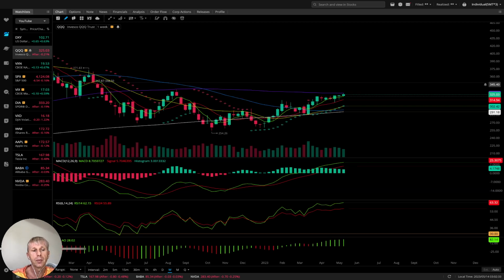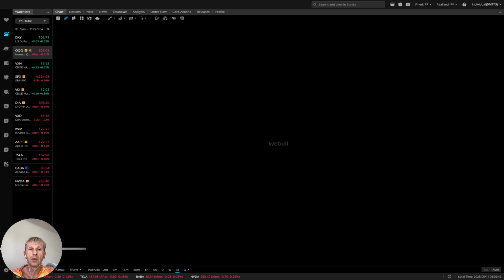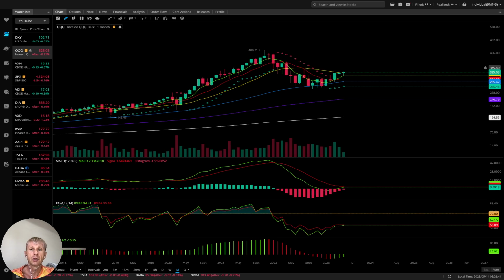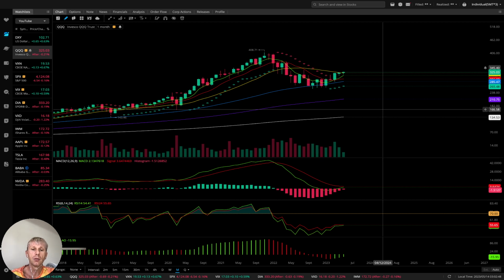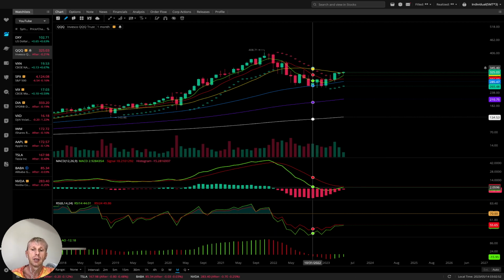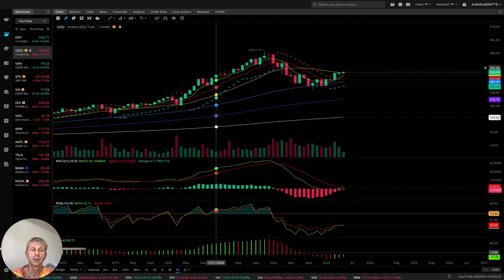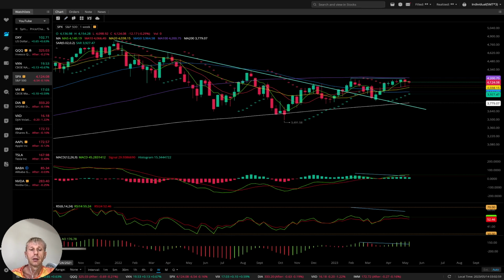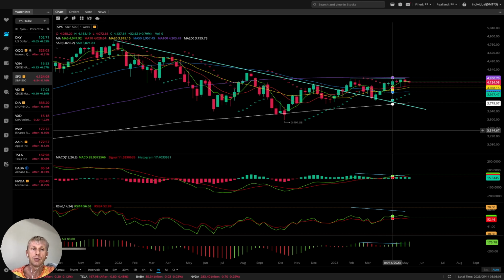Let's do summary. Qs on monthly and weekly time frames are very strong, very bullish, except quarterly. Quarterly it's still bearish. Same for S&P 500. Weekly and monthly it is bullish and quarterly it's bearish.